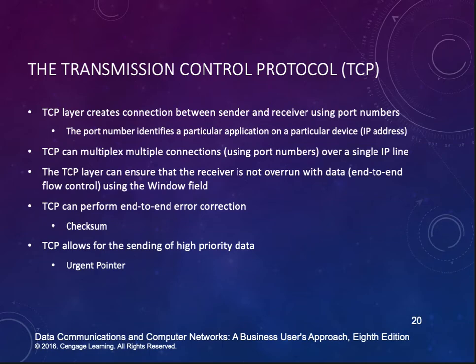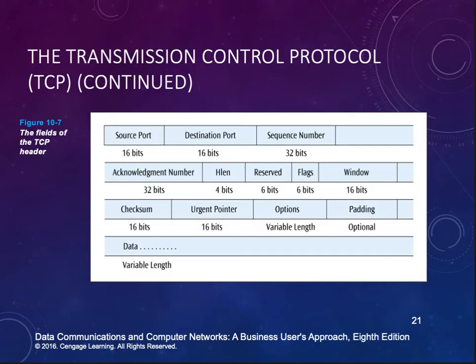So in TCP/IP, technically there's a checksum and urgent pointer, where the port number identifies a particular application for a particular device, as illustrated in the diagram here.